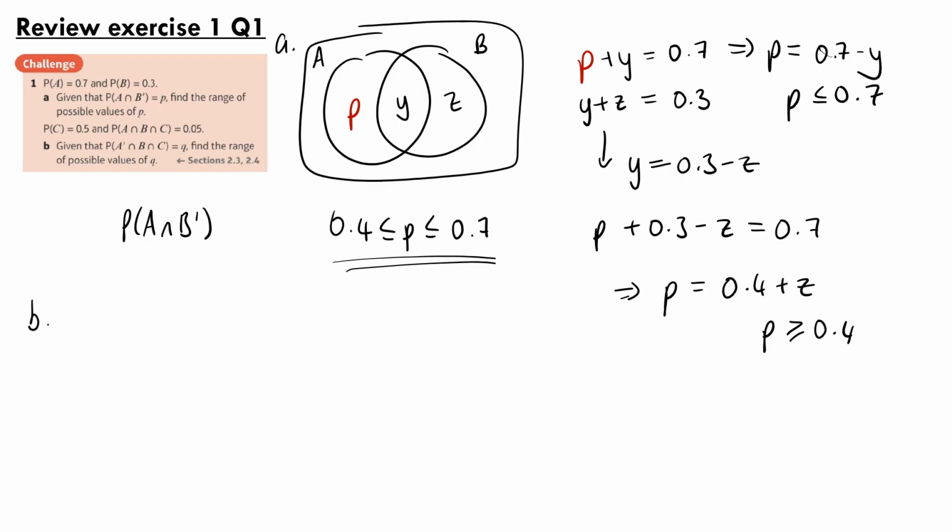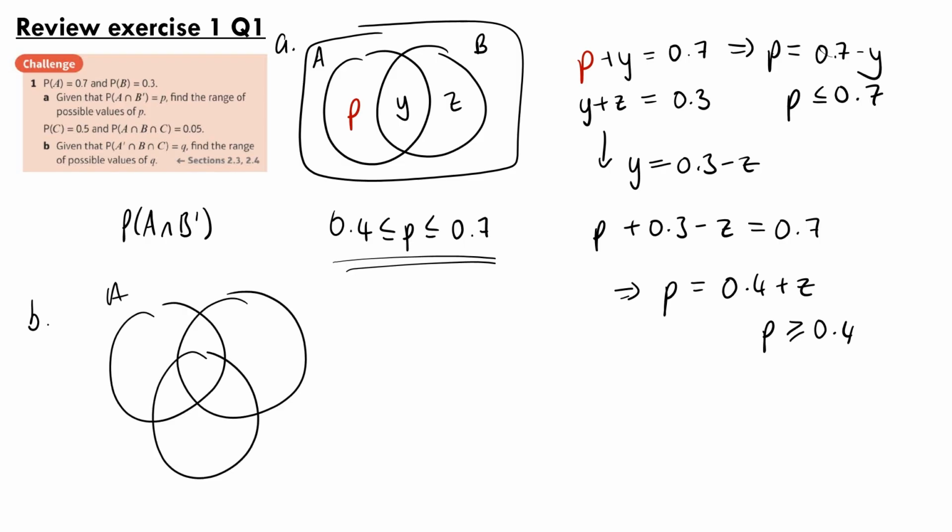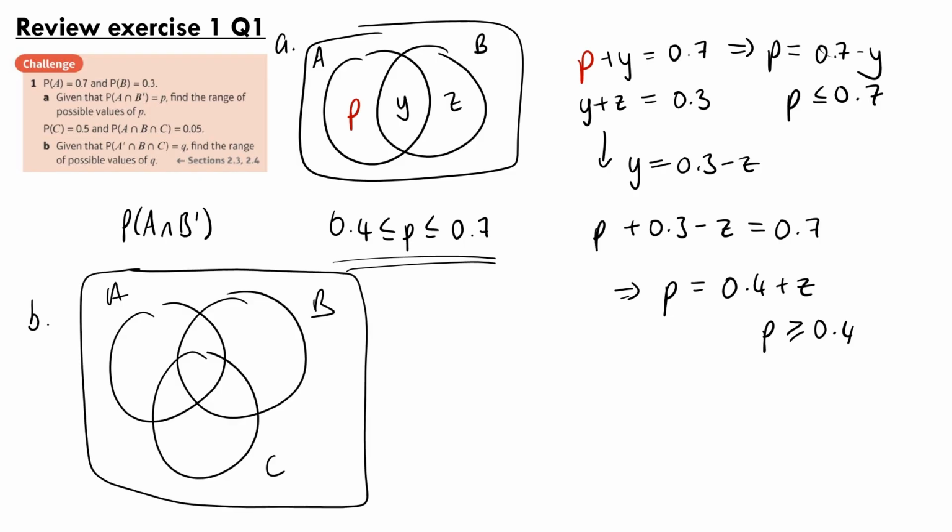We just need to have three circles in our Venn diagram now. So A, B, and C. We're told that the intersection of all three is 0.05, and the probability of C now is 0.5. The probability of B and A are still 0.3 and 0.7.